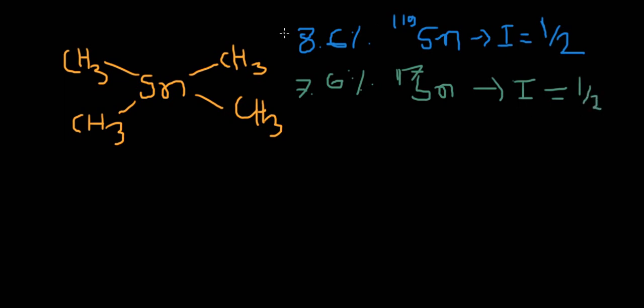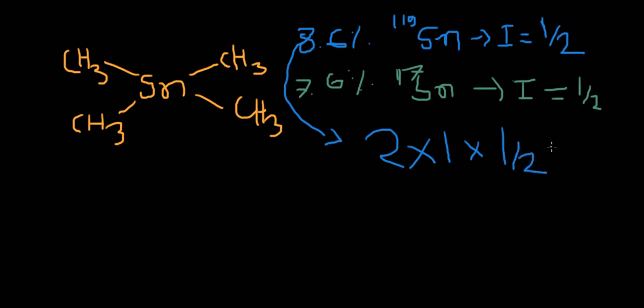So for this, let's calculate the peak number. 2, n is 1 because there is one tin atom, and for this 8.6% I value is half, plus 1, you get 2. For this one you also get 2 because of the same I value.